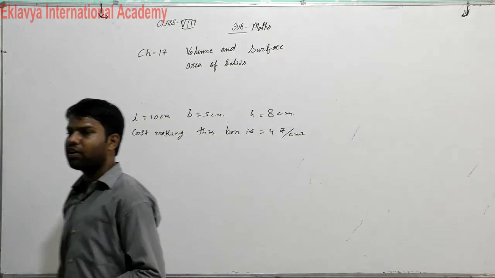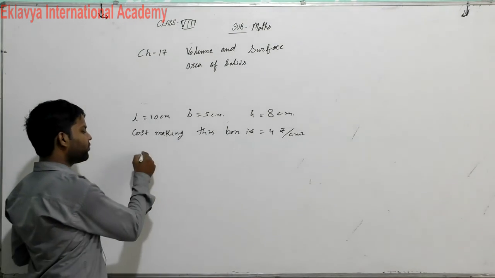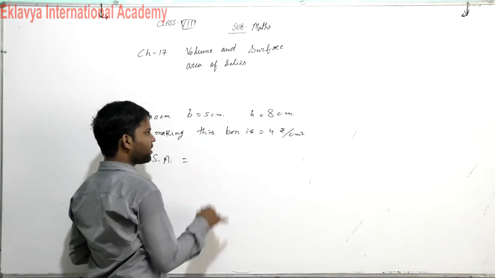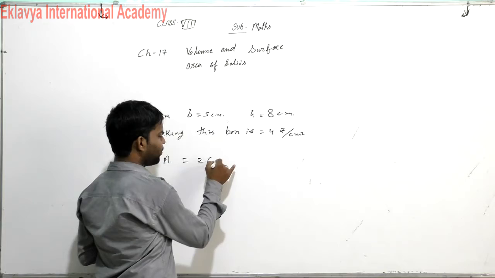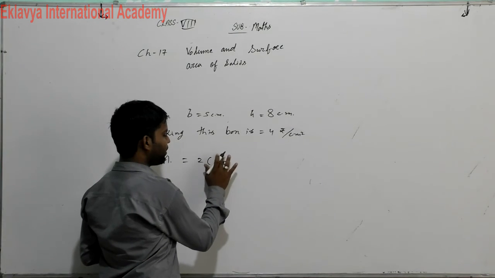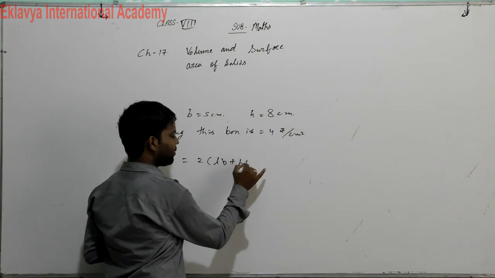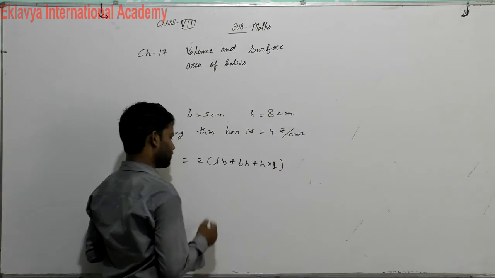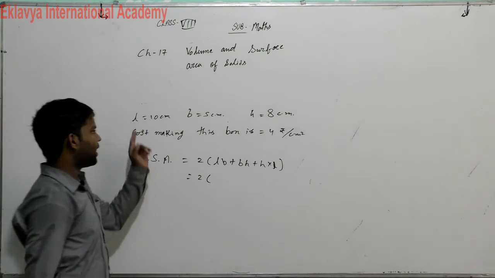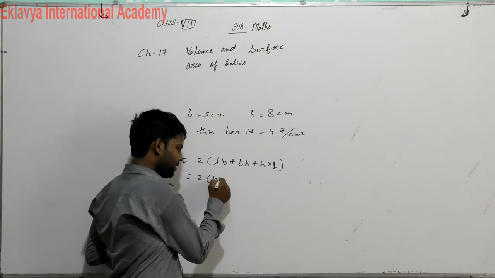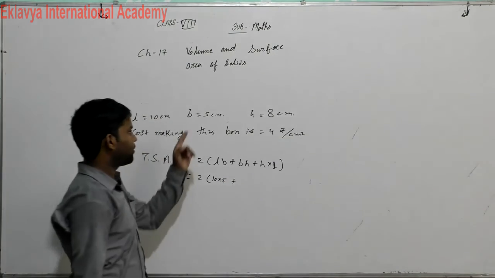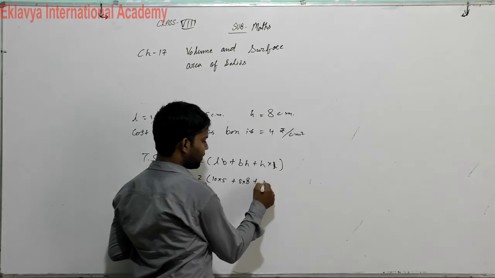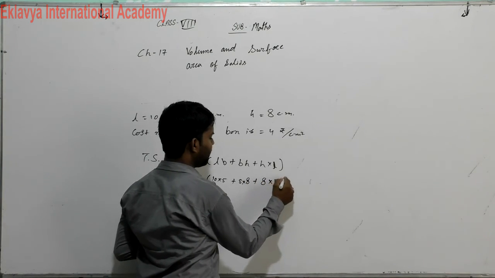So if we want to find total cost, then first we find total surface area. So total surface area is 2 bracket length multiply by breadth plus breadth multiply by height plus height multiply by length. Then 2 bracket L multiply by B, 10 multiply by 5, plus 5 multiply by 8, breadth multiply by height, plus height multiply by length.